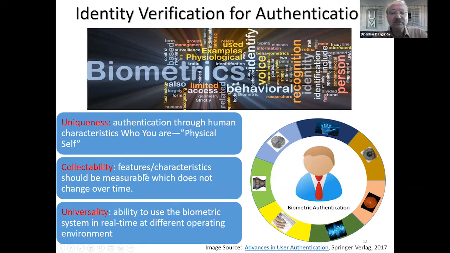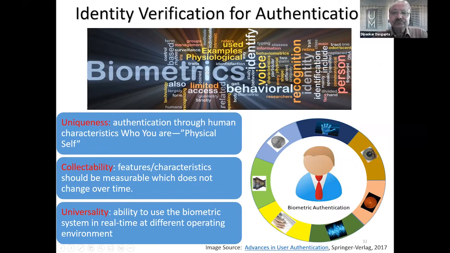We have to select the features or characteristics which should be measurable and which do not change that frequently. And universality, the ability to use a biometric system in real time in different operating environments. That's what biometrics provide.